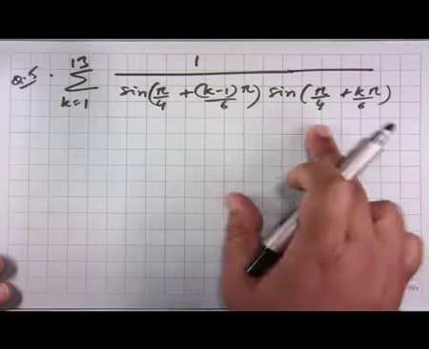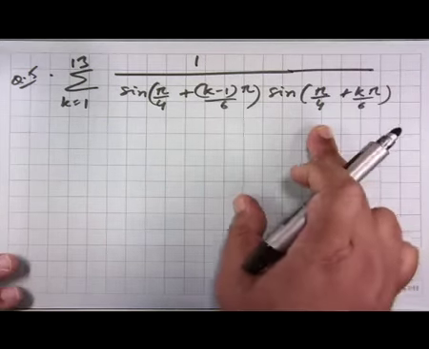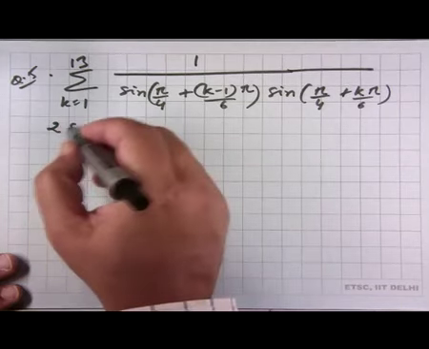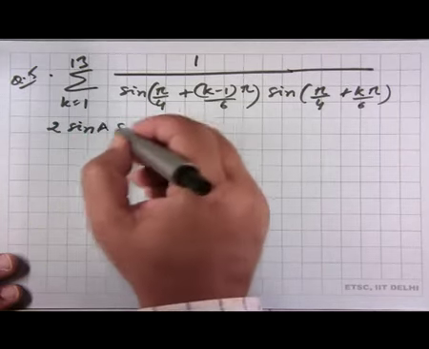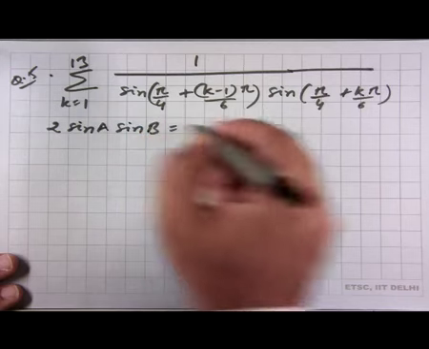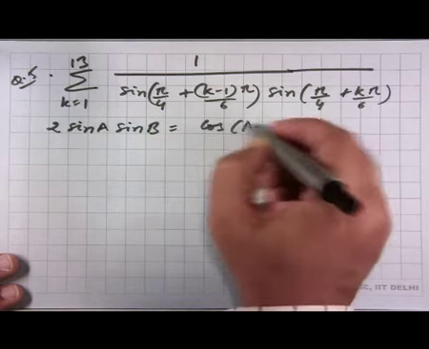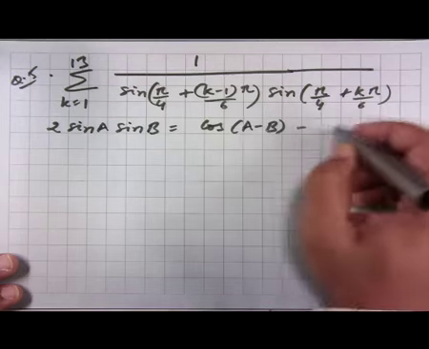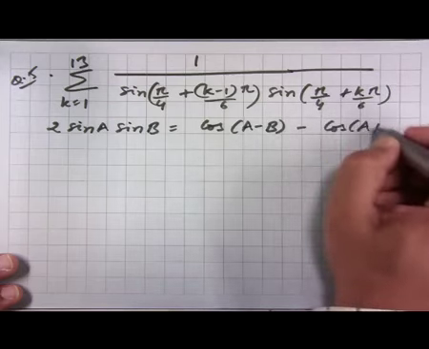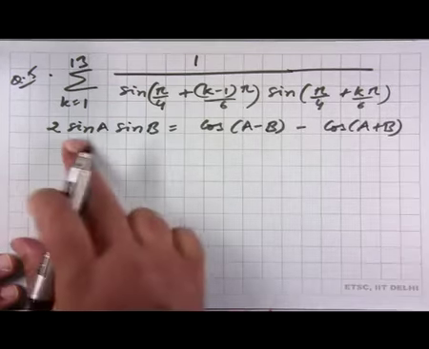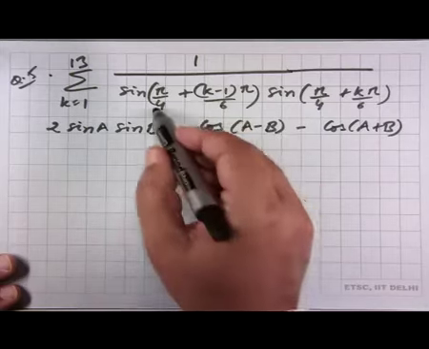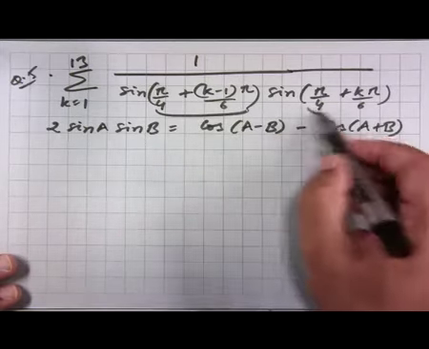So, this reminds us of the sin A sin B formula. We know that 2 sin A sin B is equal to cos(A − B) − cos(A + B). So, that is what we are going to use here with this entire thing as A and this as B.